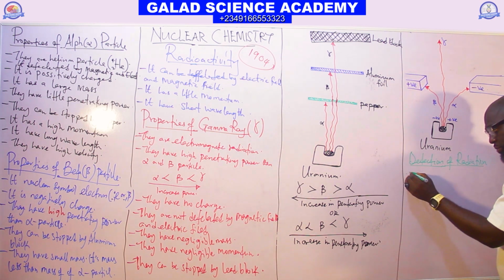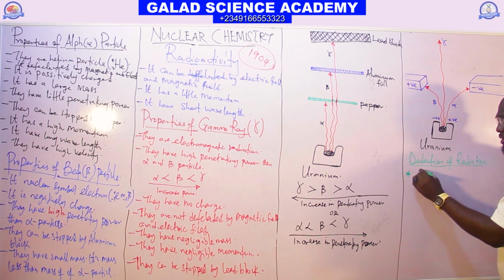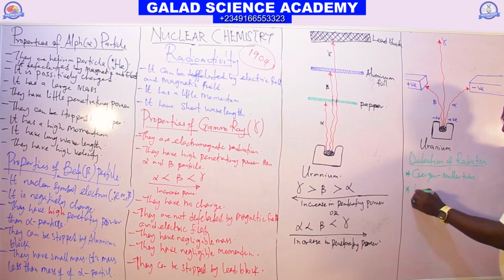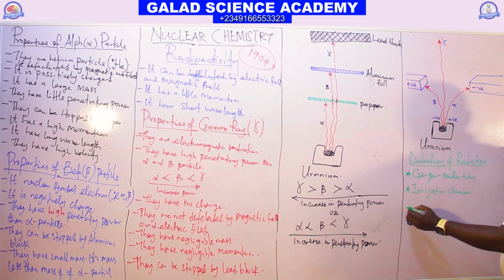Number one, we have the Geiger-Muller tube. Number two, we have the ionization chamber. Number three, we have the scintillation detector.